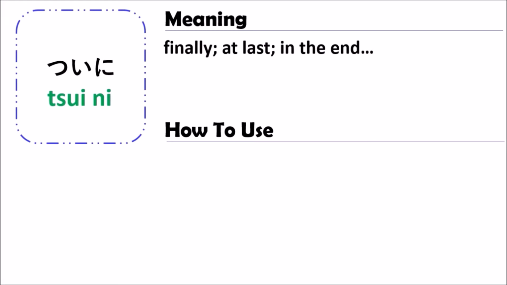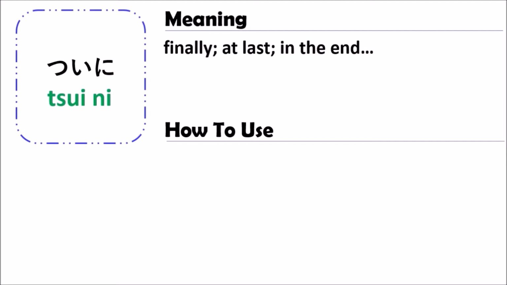After ついに, the meaning is really different from つい. If just つい is used, it means you do something by mistake, by unintention, but when you put the ni, it has a very different meaning. That means finally, at last, in the end, right?